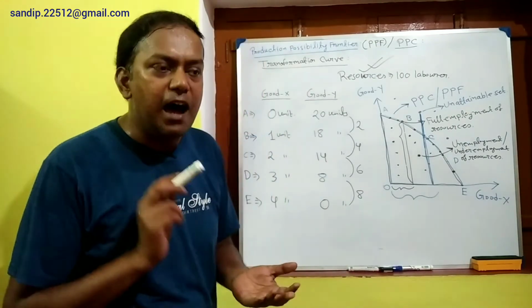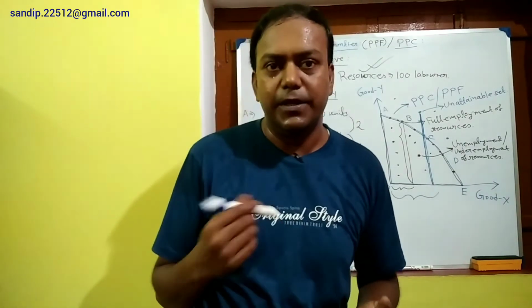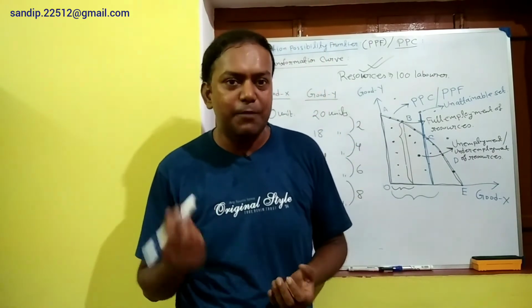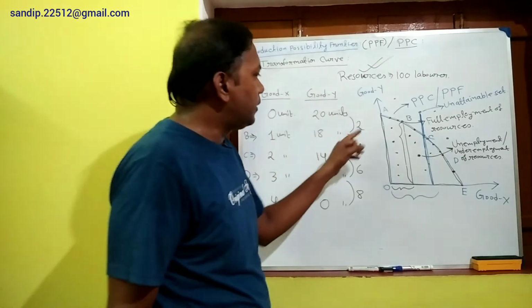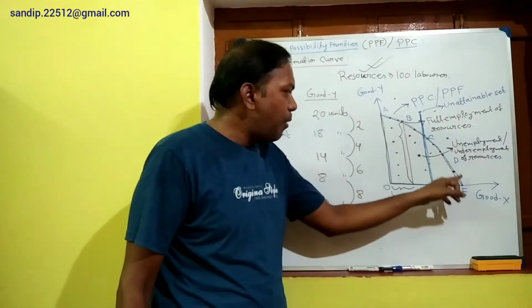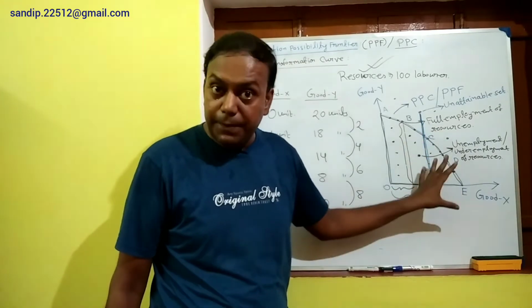So that is unattainable. Got it? This type of curve is called PPC.